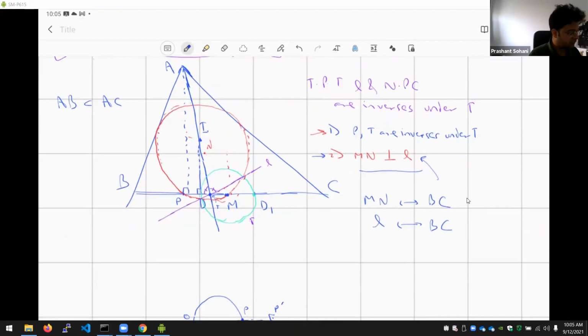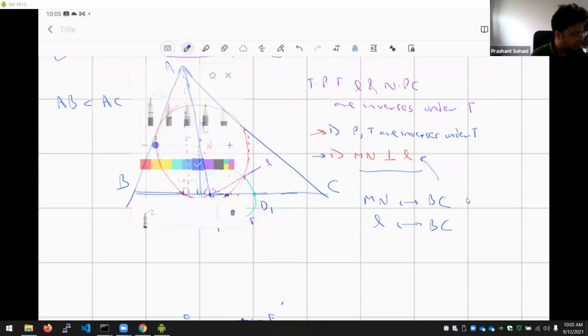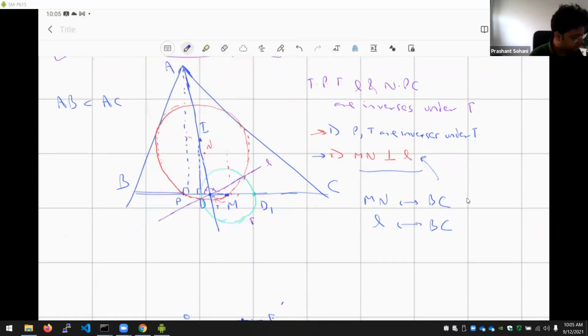So first consider the angle that line L forms with the base BC. Let me just take any point K over here, just to define the angle. I'm interested in the angle KTC. So KTC is the angle formed by line L with the base BC.